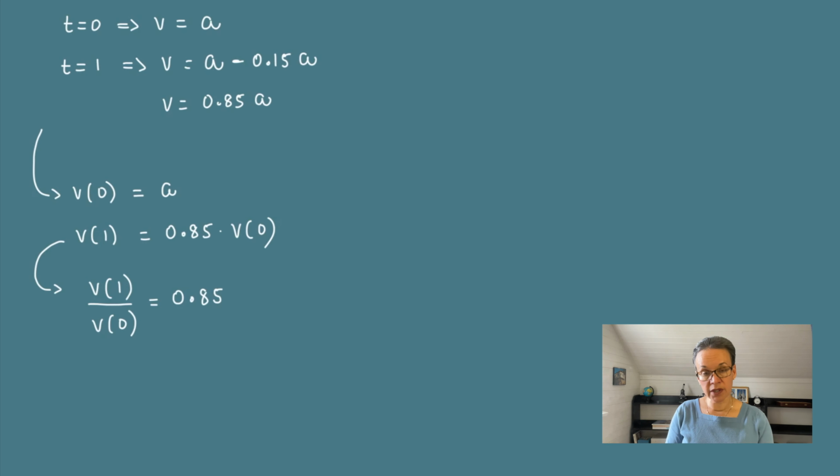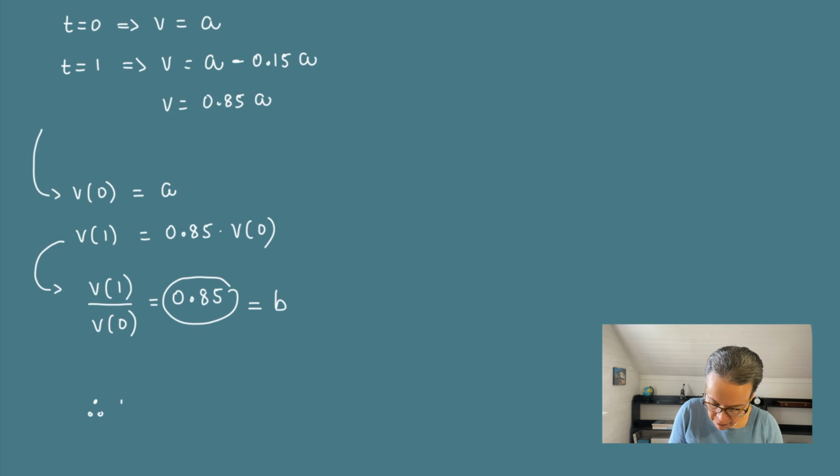Again, if you consider the ratio of the y values at the x values being a step away from each other, like in this case, v of 1 divided by v of 0. 1 and 0 are a step away from each other. That ratio is always equal to the common ratio. In this case, this is equal to b. So this is telling us that b, the base of our exponential model, is equal to 0.85.